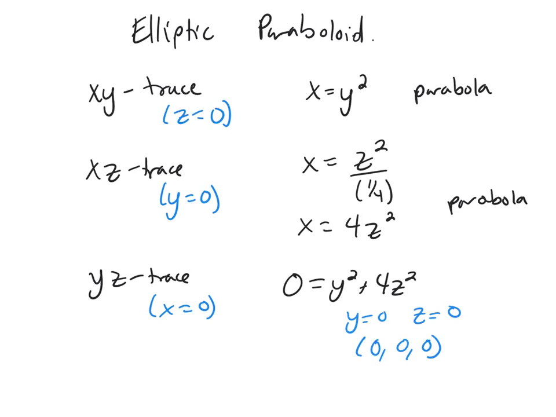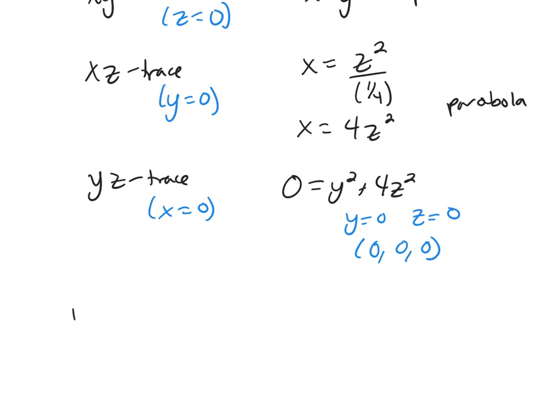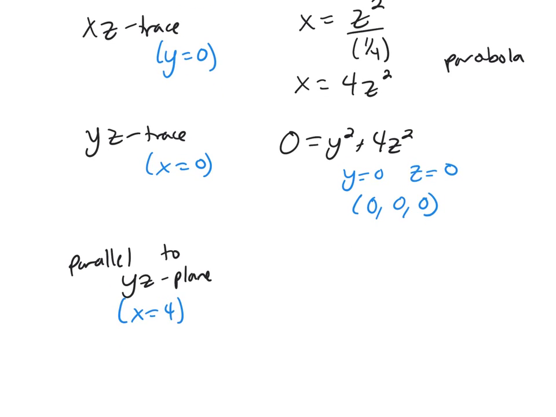What if, instead of looking at the yz trace, we take something parallel to it? So let's look parallel to the yz plane. For example, let's say I take x equals 4 and plug it in. You would get 4 equals y squared plus 4z squared.